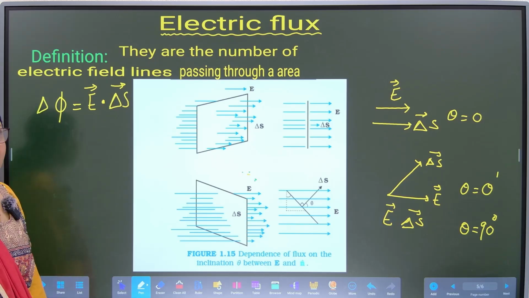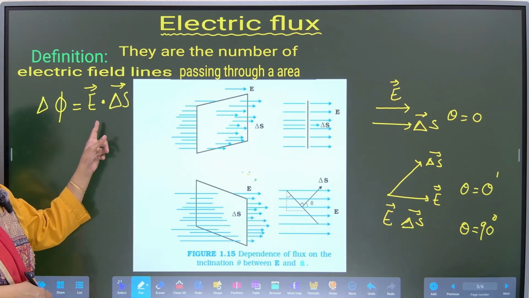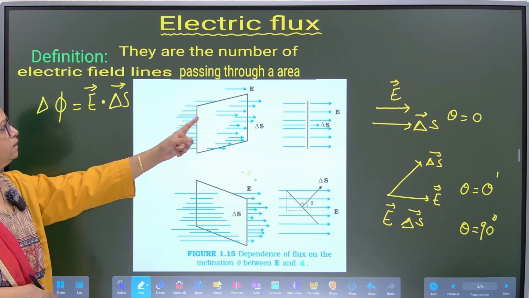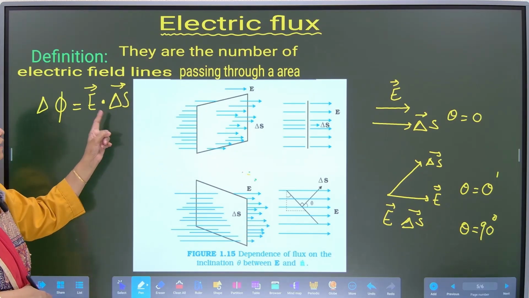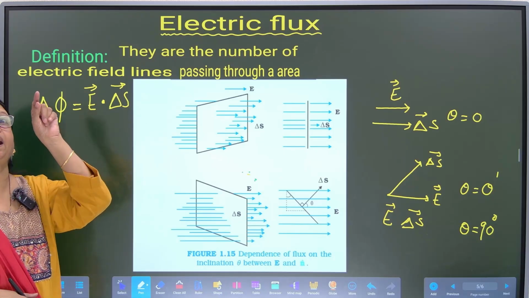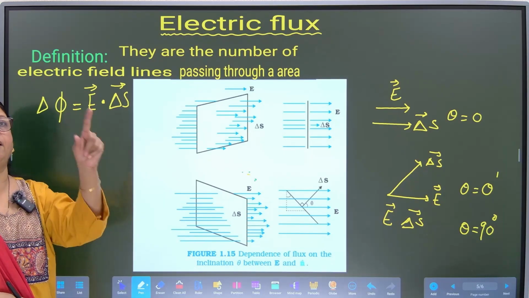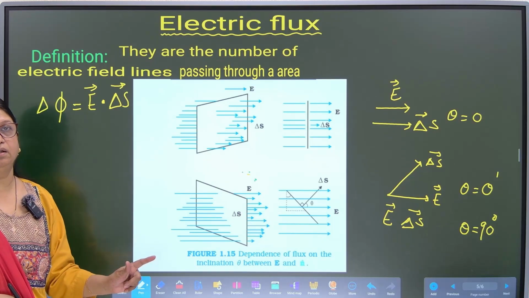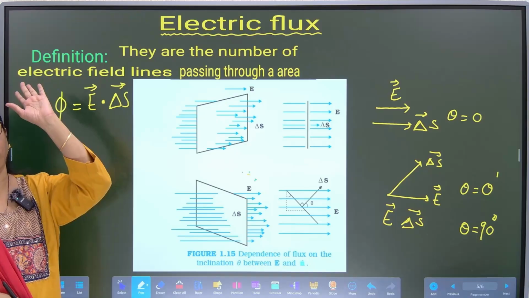Here E vector is the electric field which we have considered, and delta S vector is the area element which we have considered for the whole portion of the surface.